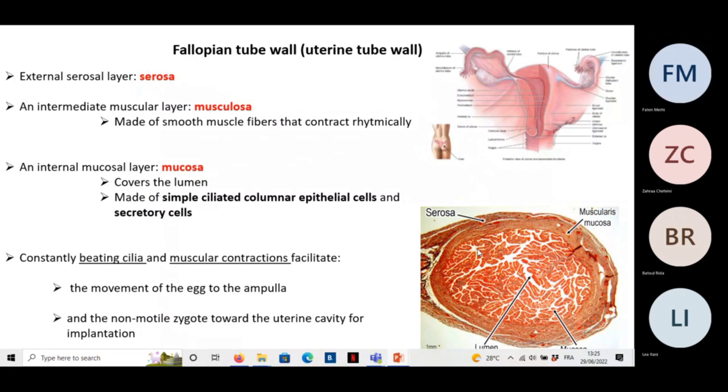The type of epithelium composing the fallopian tubes is a simple columnar epithelium, and it is ciliated. It has cilia.